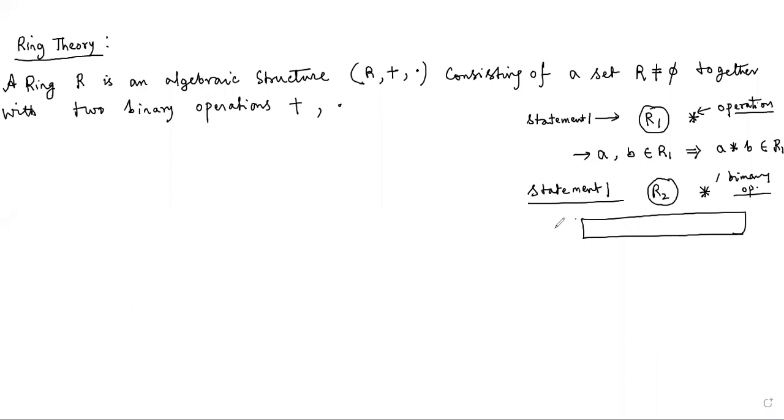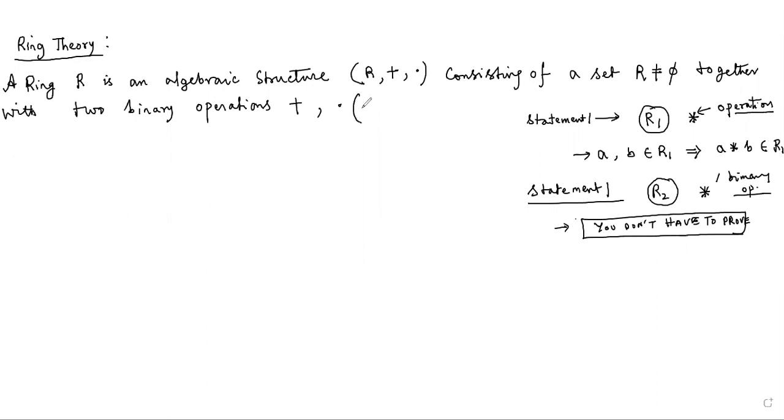You don't have to show or prove this, because whenever you declare that this operation is a binary operation, in the definition of binary operation, it is already mentioned that it has to be closed.